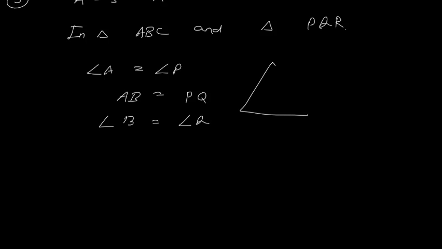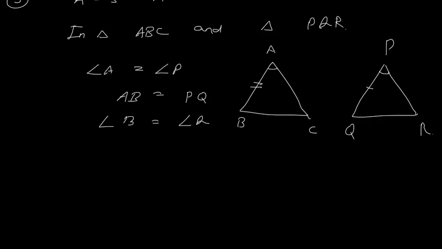Here I have ABC and here I have PQR, and I am saying that angle A is equal to angle P, side AB is equal to side PQ, and angle B is equal to angle Q. So angle side angle, that is, the side between two angles.